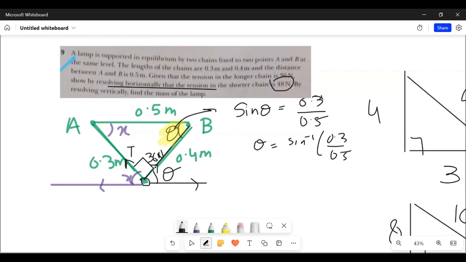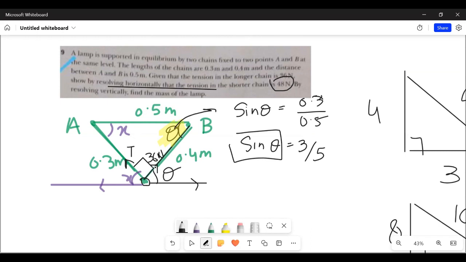Instead, what the marking scheme does is that it doesn't use theta. It directly uses sine theta. Because when you're resolving components, you need sine theta and cos theta. So it's fine if you don't have theta. You can still use the entire sine theta.